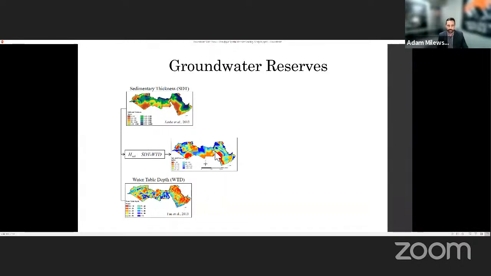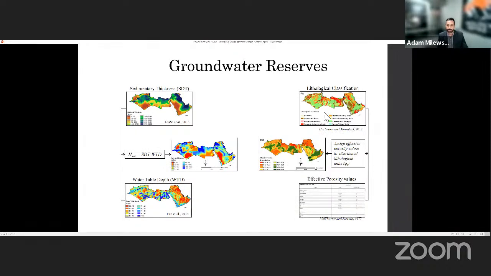We then took the lithology, whether metamorphic rocks, carbonates, or mixed sedimentary for the region, and assigned an effective porosity value based on that rock type. We can then take our saturated thickness times our porosity, and we finally get groundwater reserves.